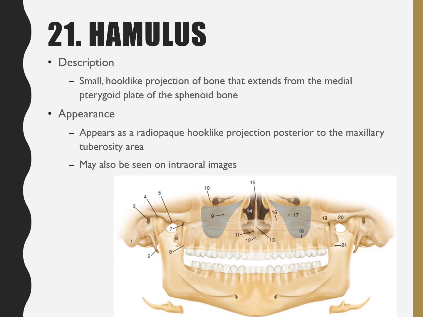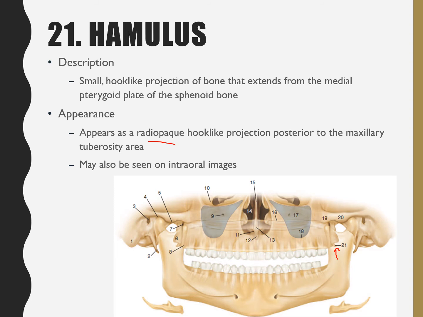All right, number 20 is my favorite, the hamulus back there. The hamulus is a small hook-like projection of bone that extends from the medial pterygoid plate of the sphenoid bone, and it appears as a radiopaque hook-like projection posterior to the maxillary tuberosity region right there, not to be confused with the maxillary tuberosity, and you can see it on your intraoral images.